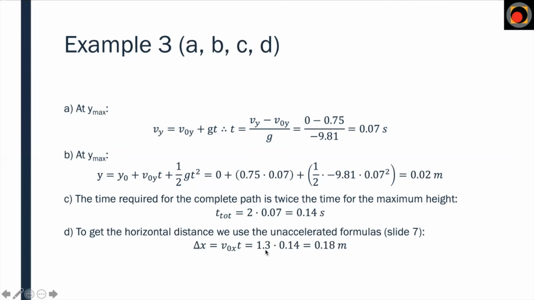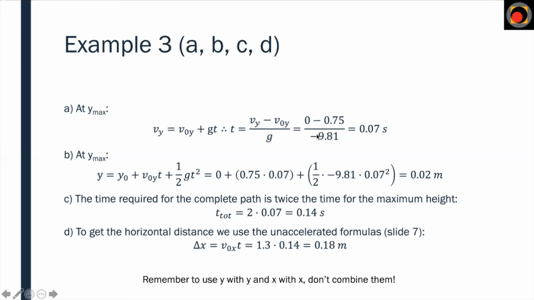Vox is 1.3, we got it from the cosine of the angle, the rectangular representation of the initial velocity, times the time. The complete time, because remember that this formula tells us the position at a certain time. So if we're talking about the end, we use the time for the end. And it would move 0.18 meters on the x-axis.